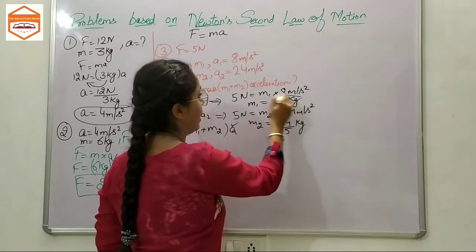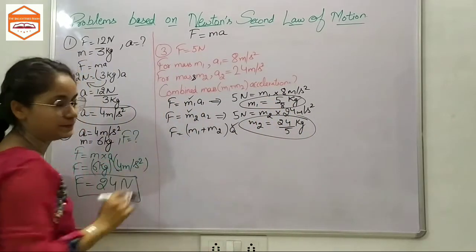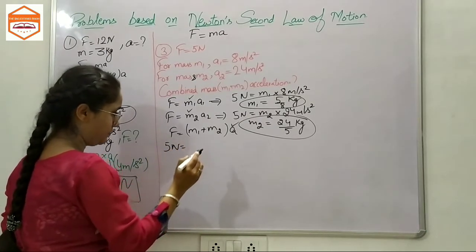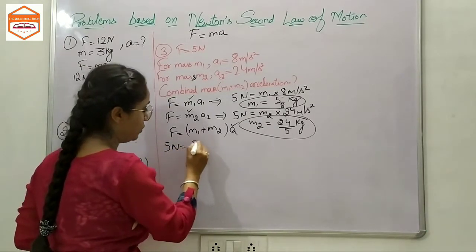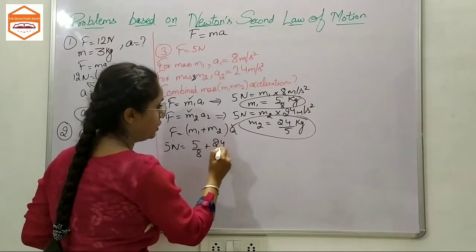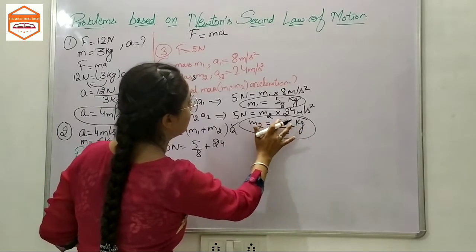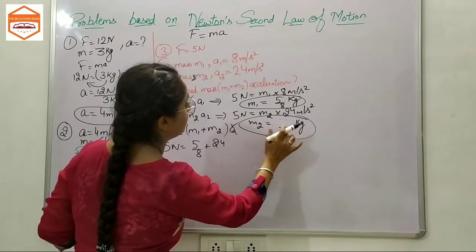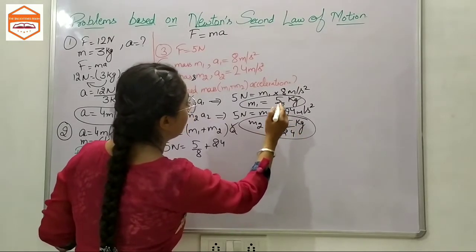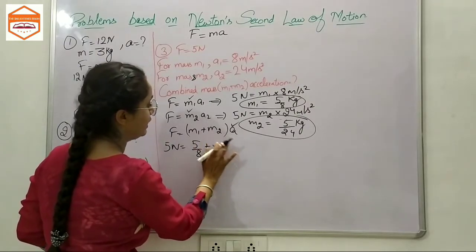So we have got the values of m1 and m2 and we will put these values here. Okay. So 5 Newton is here. Now m1 is 5 upon 8 plus m2 is 5 upon 24. Sorry, I inversed it earlier.